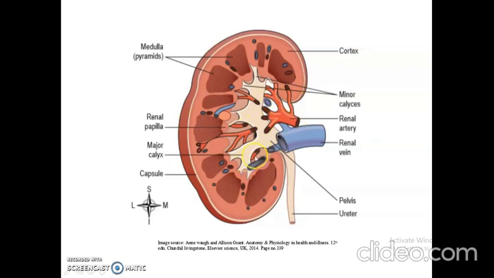This is the concave part at the medial region, and this is the convex part of the kidney, which lies at the lateral region. The important structures which enter the kidney at the hilum, or concave region, are mainly the renal artery, renal vein and ureter, as well as the nerves.